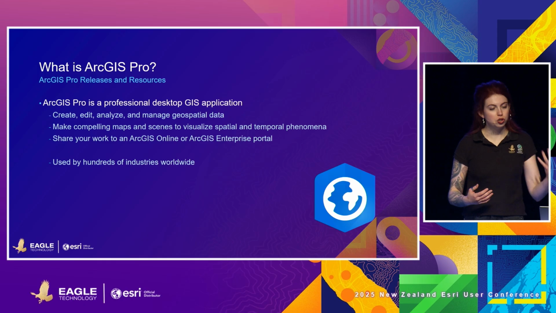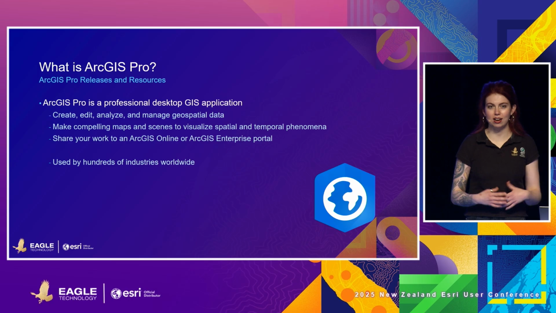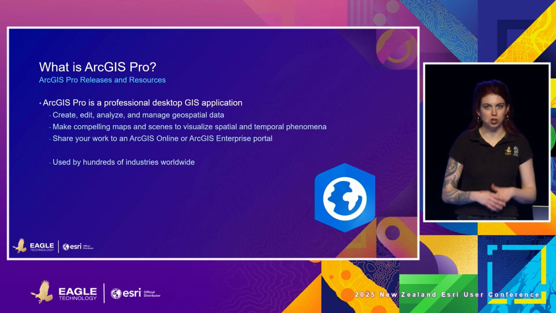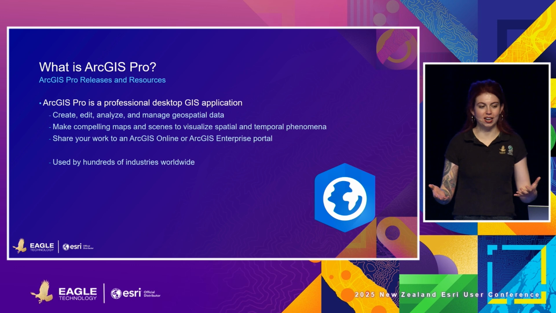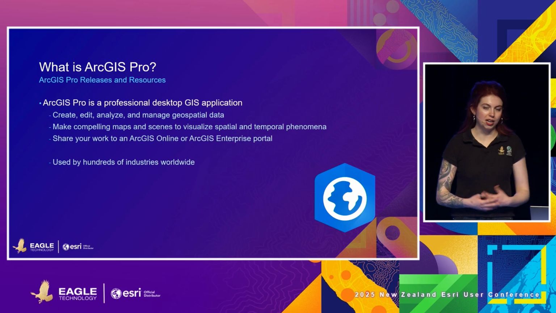And that involves 2D or 3D, really advanced spatial analysis as well, geoprocessing tools, and having a connected environment with ArcGIS Online and Enterprise. And so most of us in this room are here because we use Pro in our daily lives and our works. And so that's why we're here to kind of learn about what's new.